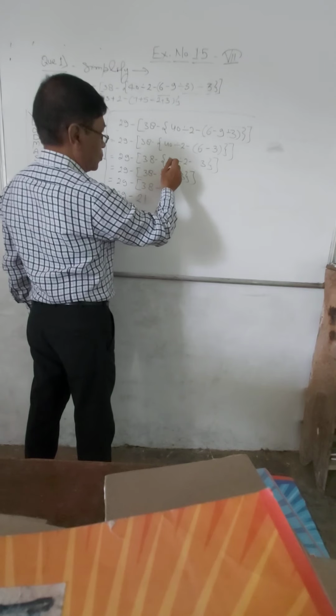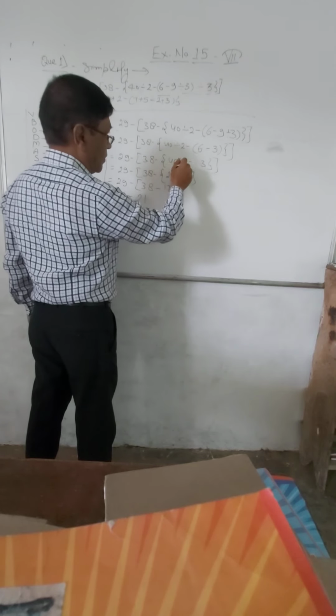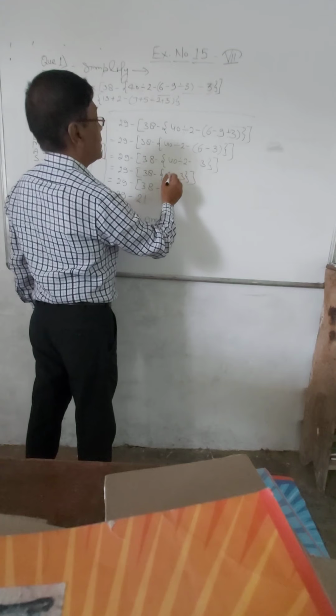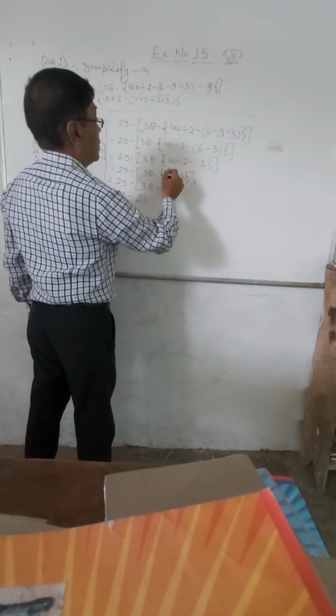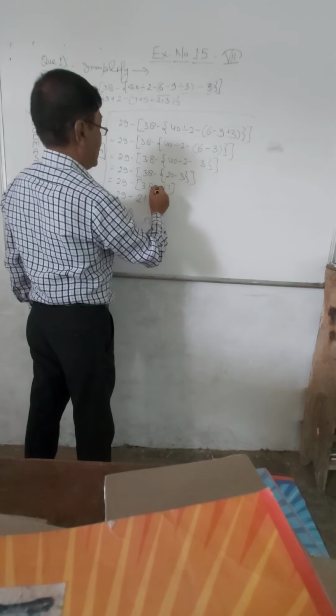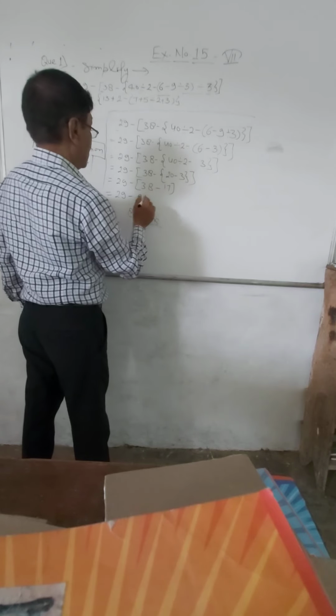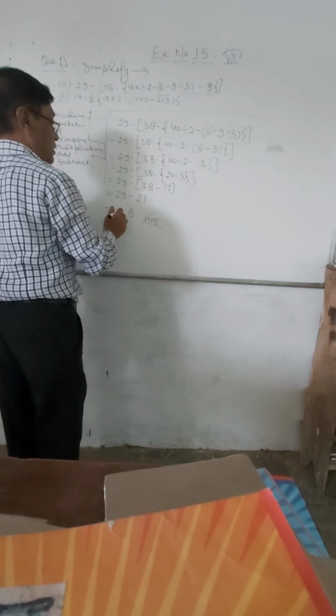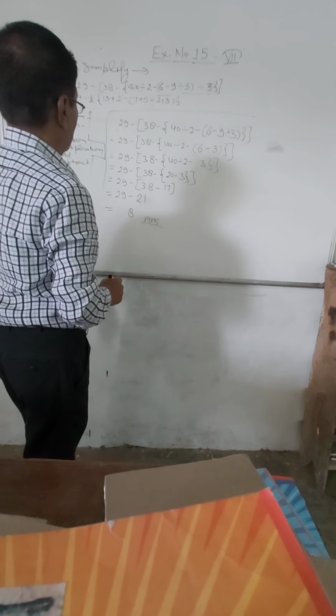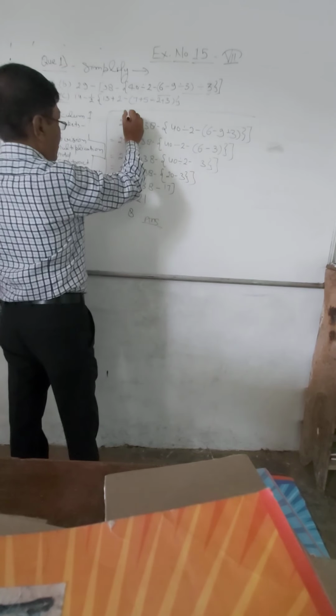Then 40 divided by 2 minus 3, then again 2, 40, 20, 17, 38, 38 minus 17, 29 minus 1, 28. So this is for example.